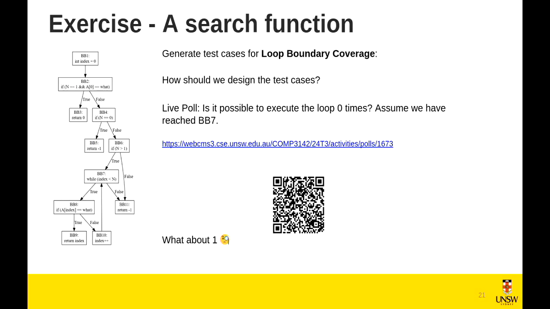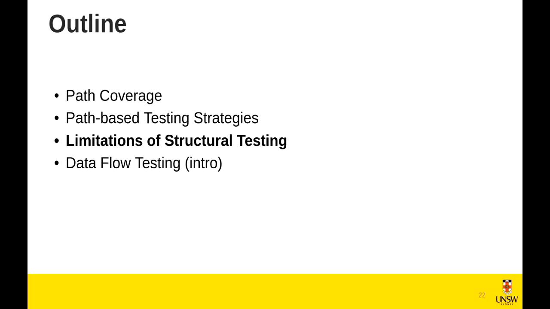And this actually shows us that there are some infeasible paths in the control flow graph. There are some infeasible test cases, or some unreachable code. And this leads to our next topic today, the limitation of structural testing.